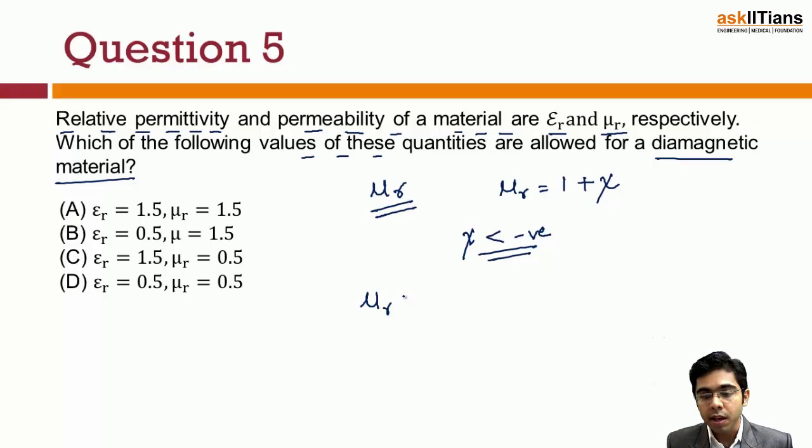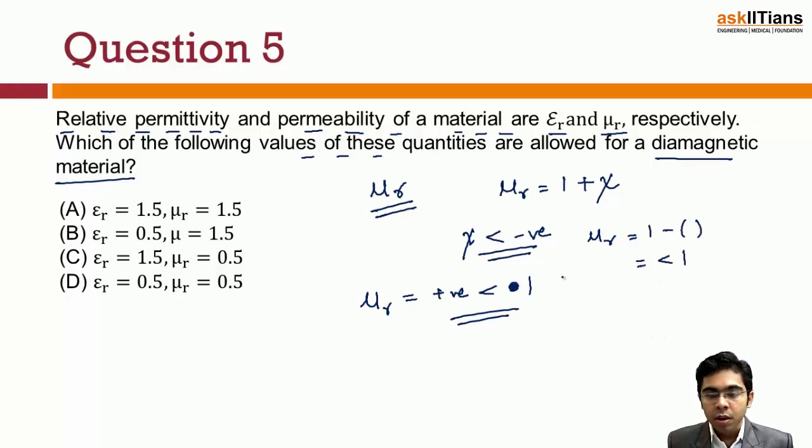So mu r will be 1 minus some quantity which is less than 1, therefore this comes out to be less than 1.